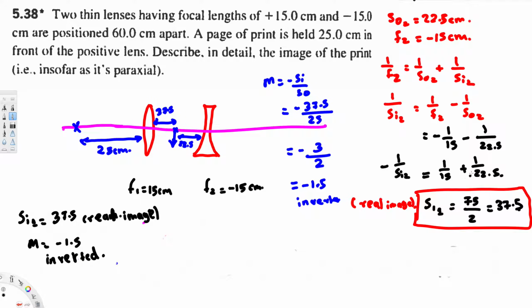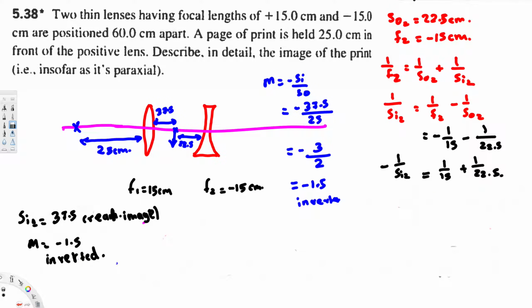Now we are continuing with the second lens here. Let's finish that one. Negative 1 over SI2 is equal to this, and we can take 45 as a common denominator.